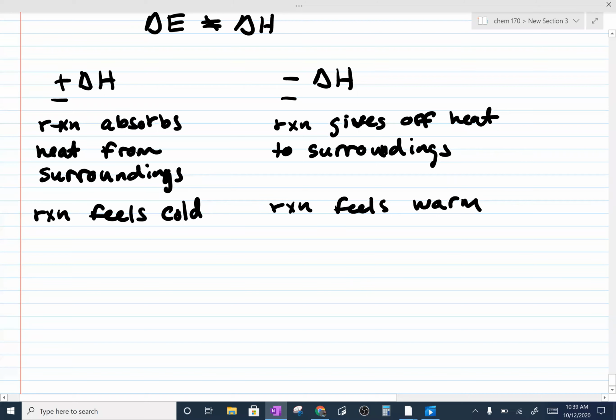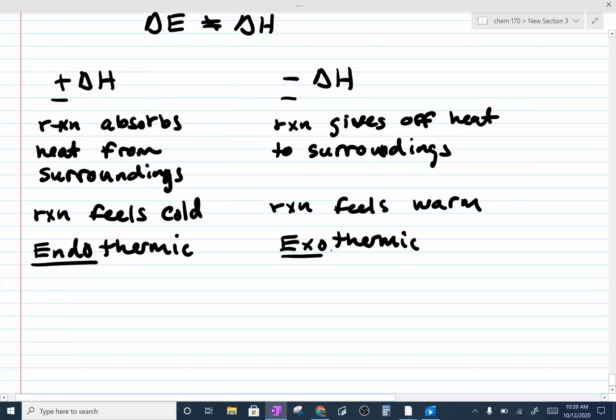When you have a positive delta H, this is called endothermic. Okay, endothermic. And when you have a negative delta H, this is called exothermic. These root words here are Greek. Endo meaning inner. Okay, so there's an inner heat.